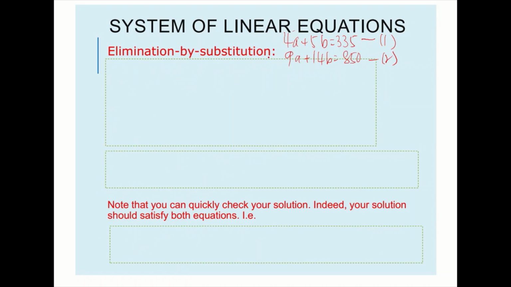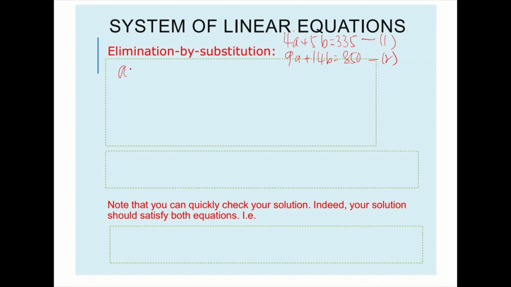Now to solve this system by using the substitution method, first we need to choose one variable to be replaced by another variable. So you have to choose. For example, if I choose A to be replaced by B, I'm going to write this way.